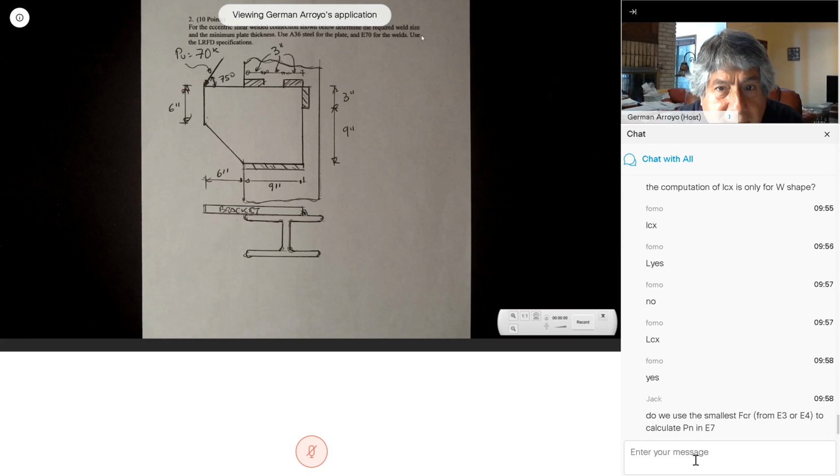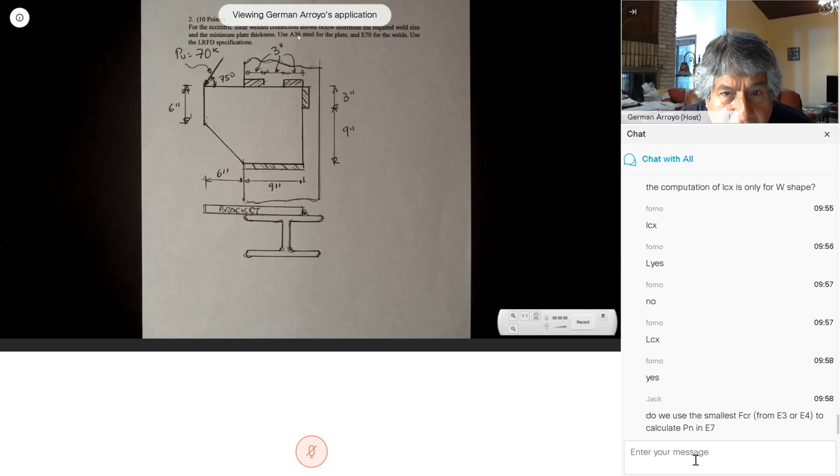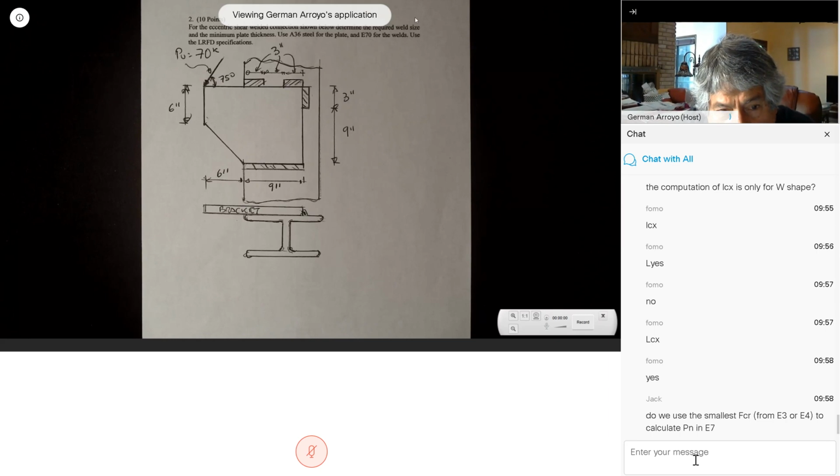They want to find the weld size and the minimum plate thickness. A36 for the plate and E70 for the electrode. So like any other problem, we have to find the location of the centroid.